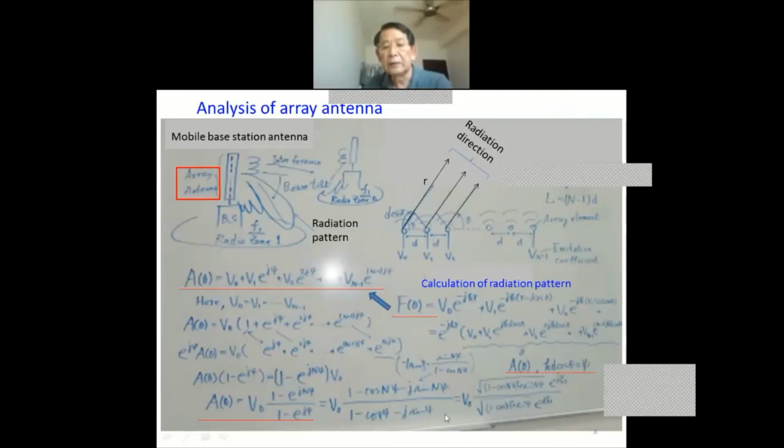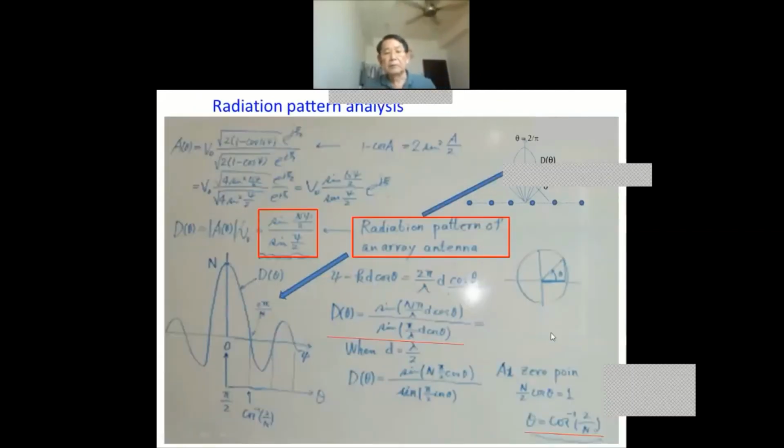The lower part is also the same. So rewrite A(θ) to become this root.